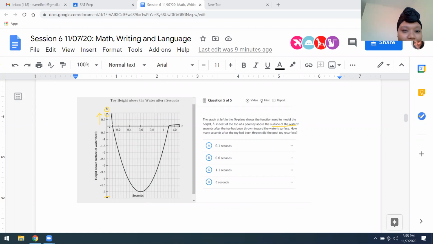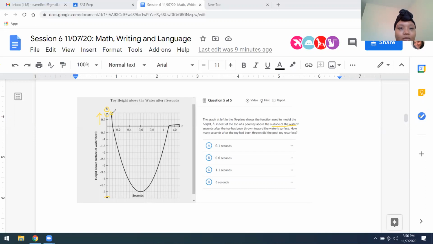But I think in this instance, it's a little confusing. So where the toy starts is actually above the water, because that's the first point we get for the location of the toy. Thank you for the question. That's a good point. So it actually starts up here.